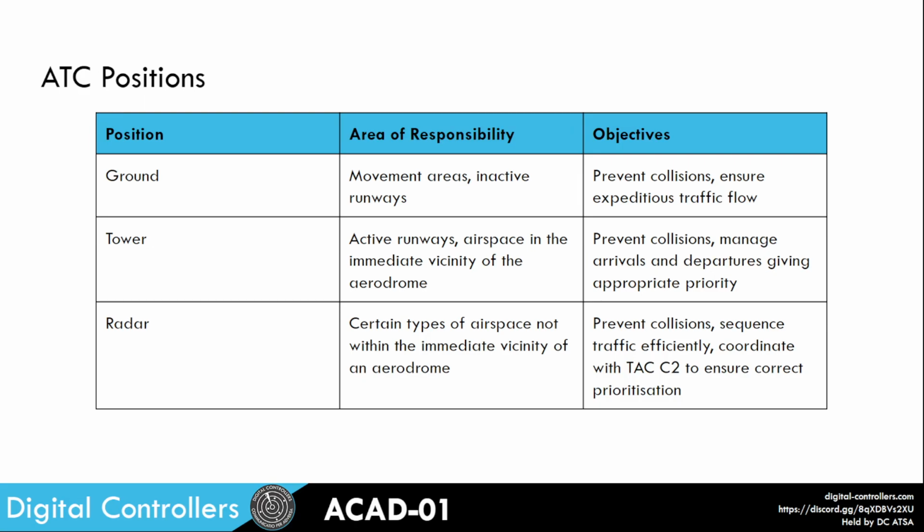The tower controller's primary roles are to prevent collisions, again, you'll notice a theme, and to manage arrivals and departures, giving the appropriate priority to each, and making sure arrivals and departures mesh seamlessly and it all works nice and efficiently.